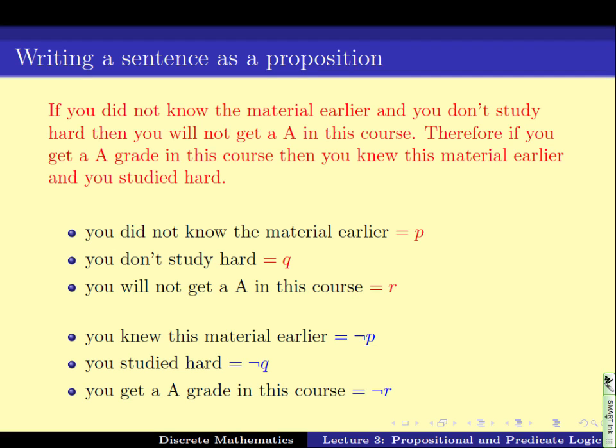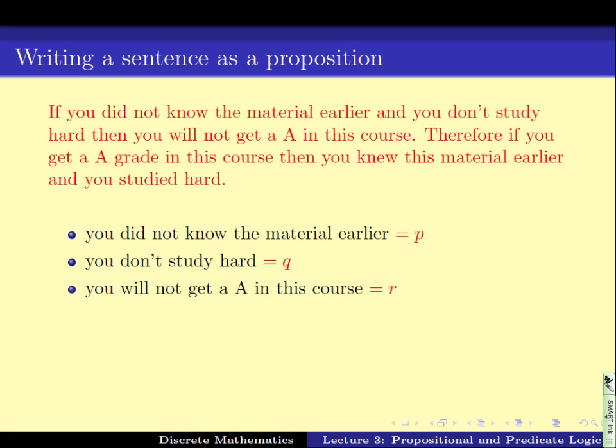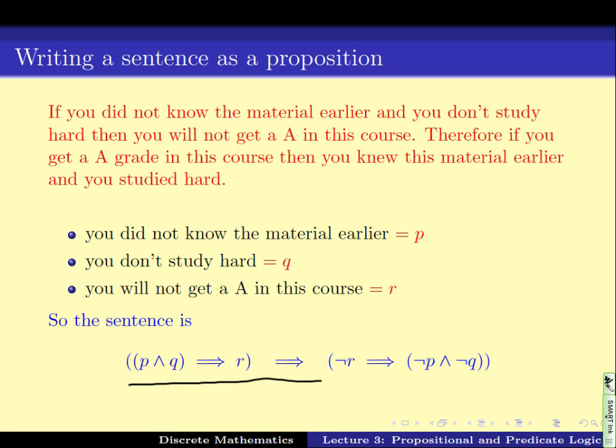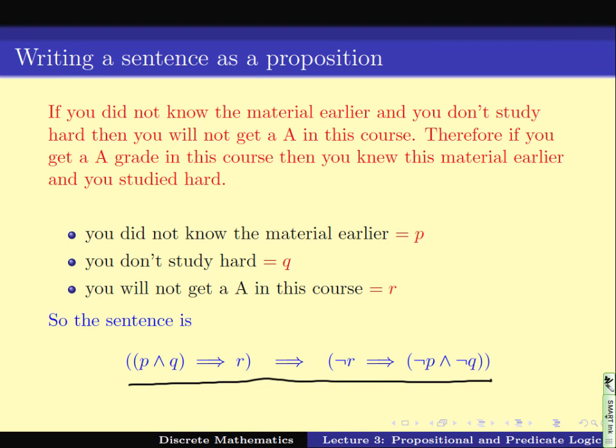Now, using this set of variables, how can we represent this statement? Let's see. You can check for yourself that we can write it in the following fashion. The reason we can write it this way is that we can read this sentence from left to right and you will see the para coming up completely. For example, since P is you did not know the material earlier and so on, I will just replace P, Q and R with the English sentences.